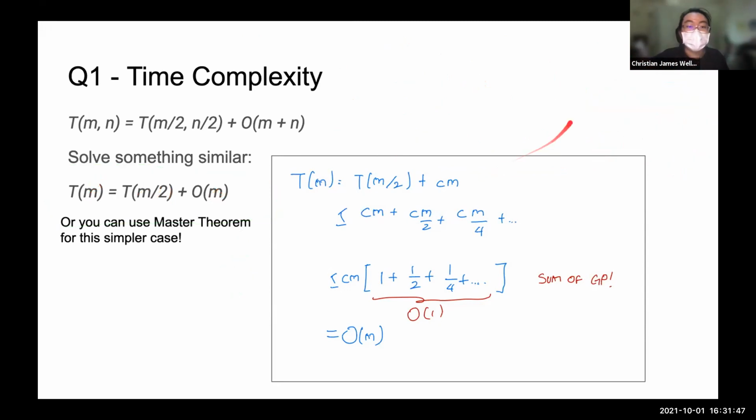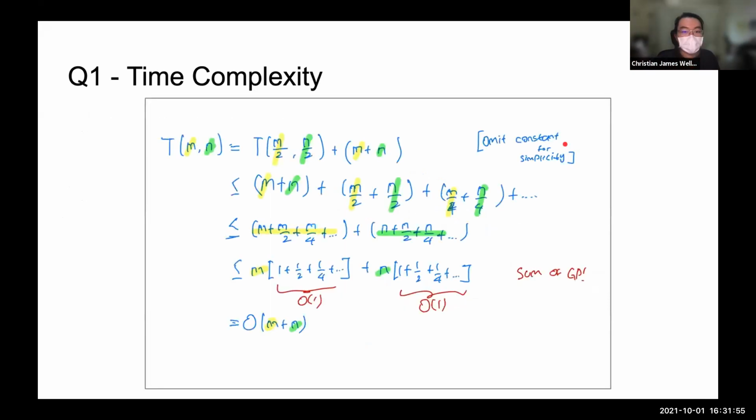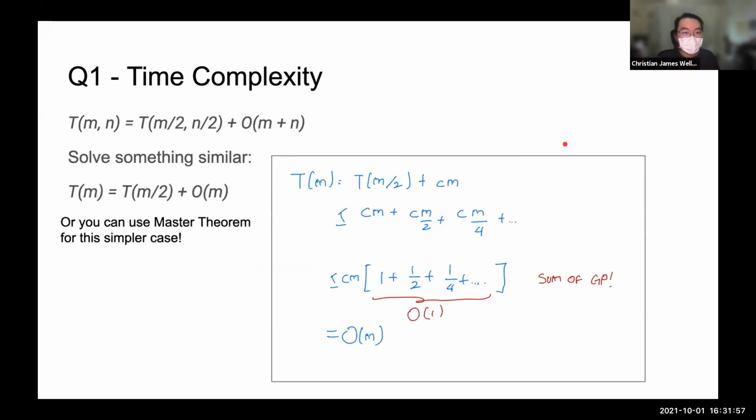Nice. Any questions? Okay, I think that's the end of the first question. Oh wait, not the end yet. We showed this is O(m), but we haven't exactly shown what T(m, n) is: T(m/2, n/2) plus O(m plus n).